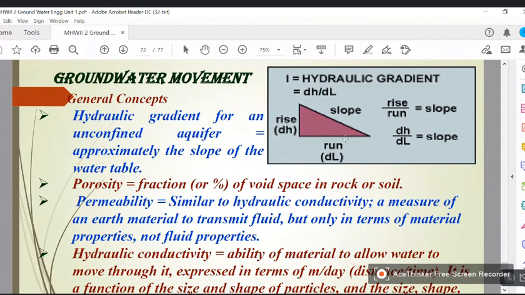So the length is dl here, and this is h. So dH by dl is the slope, that is the hydraulic gradient. Hydraulic gradient for an unconfined aquifer is approximately the slope of the water table, because in an unconfined aquifer the water surface automatically gives you the piezometric head. So it is directly your hydraulic gradient line.